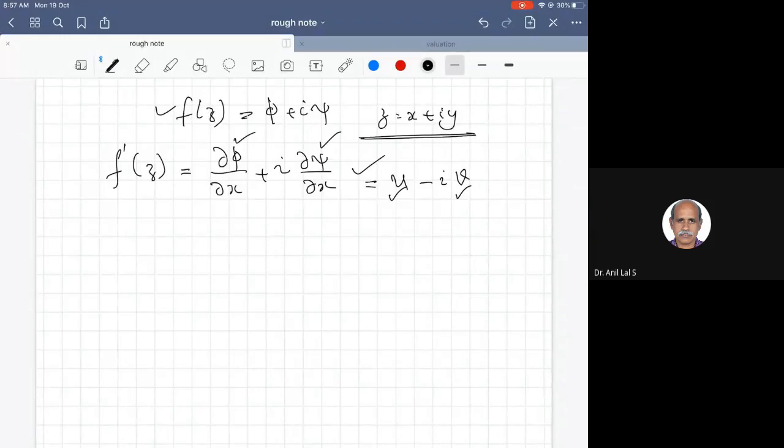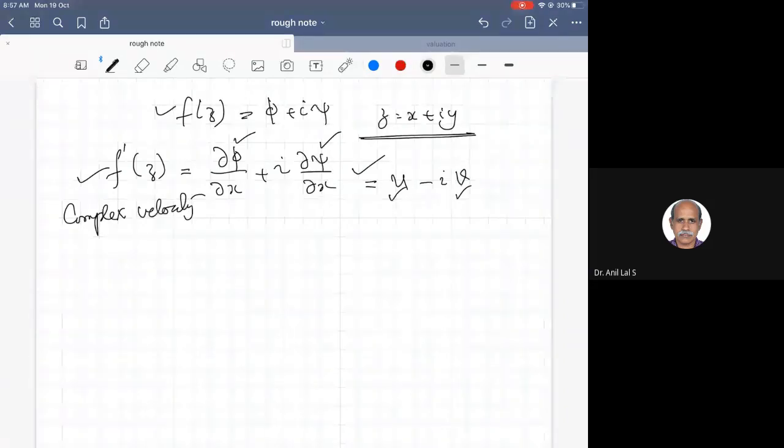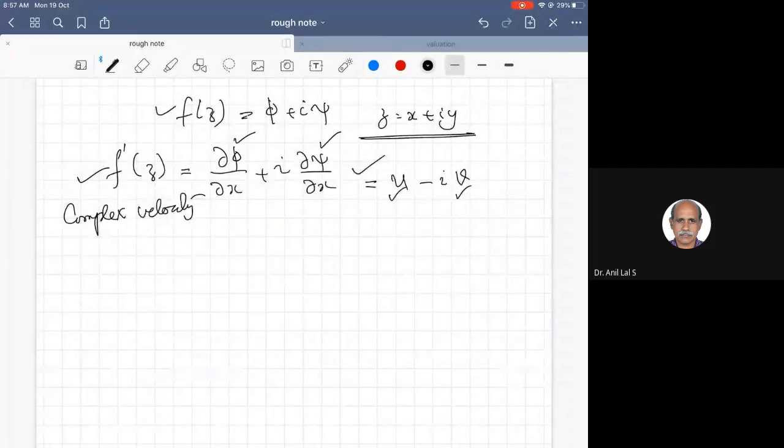So f dash z is called the complex velocity. This is very useful, since you don't have to find F(z). If you can find f dash z, then directly it will give you the components of velocity.